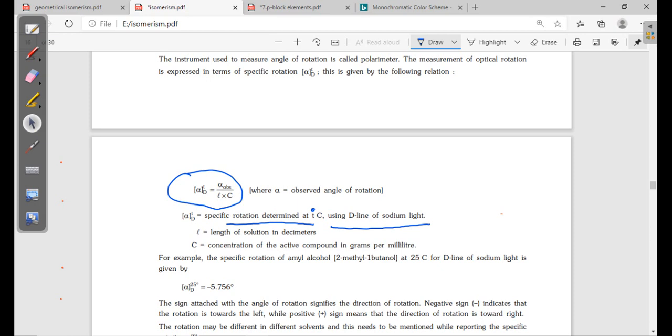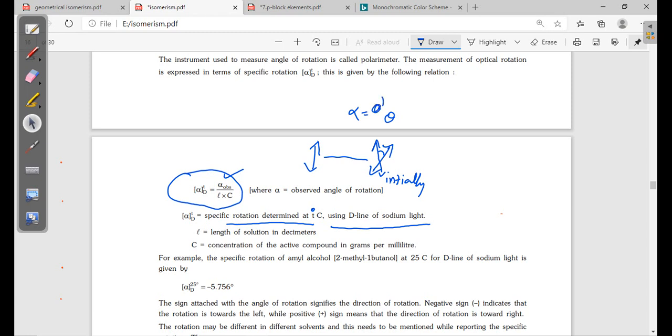So what is changing here? Obviously alpha observation, that is, the light rotation changes with the solution. See, initially it was like this, and after emitting, the light is bending like this. So this much is the theta in between these two. This is alpha, theta, that means alpha observation.